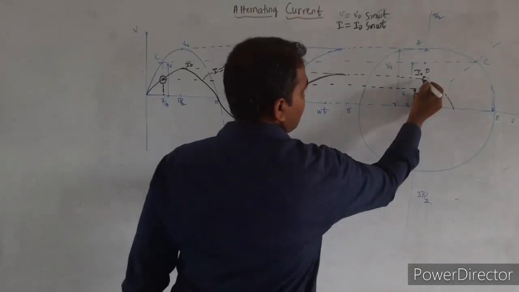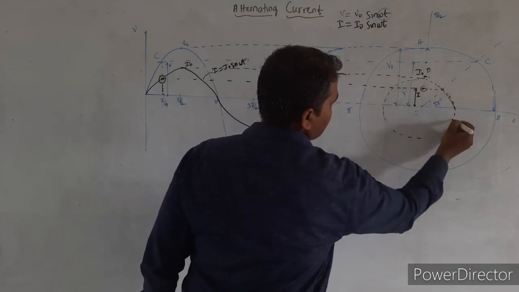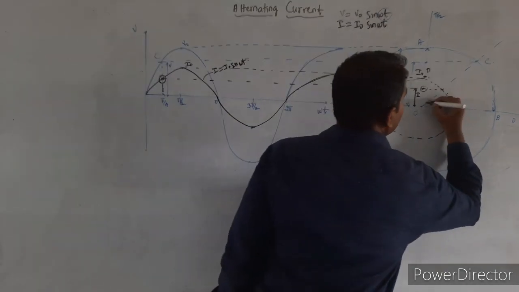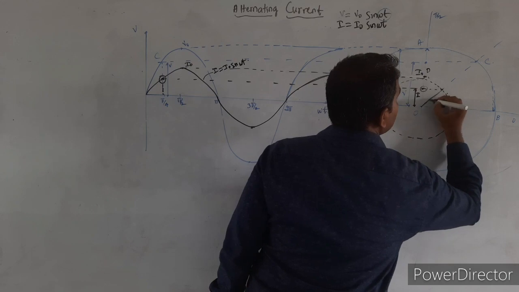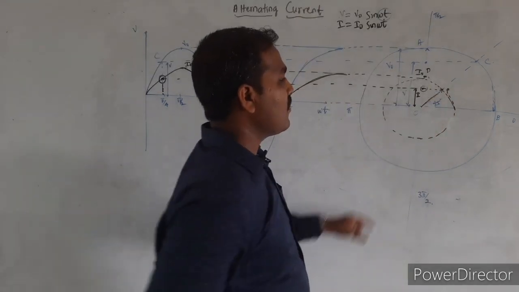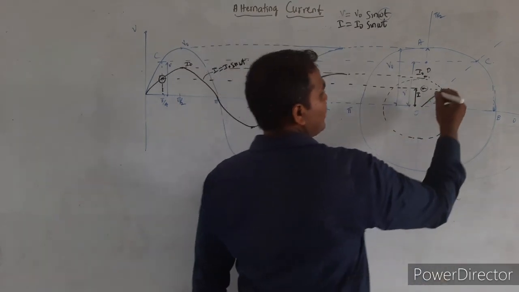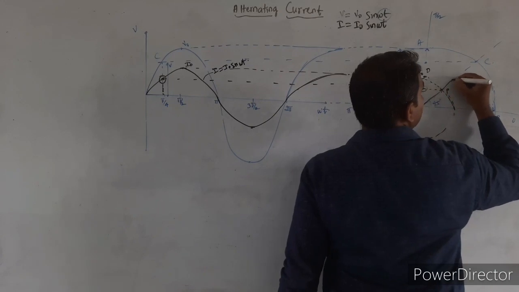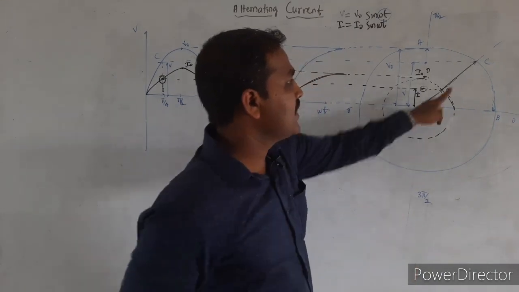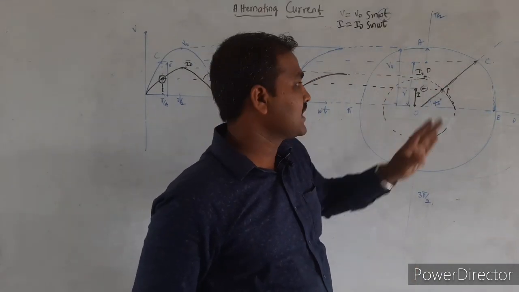Again the same curve will be making one complete circle like this. So here let me represent O to P. O to P represents the phasor of the alternating current. This will be rotating for 360 degrees, and similarly O to C will be the phasor of alternating voltage, that will also be making an angle of 360 degrees.